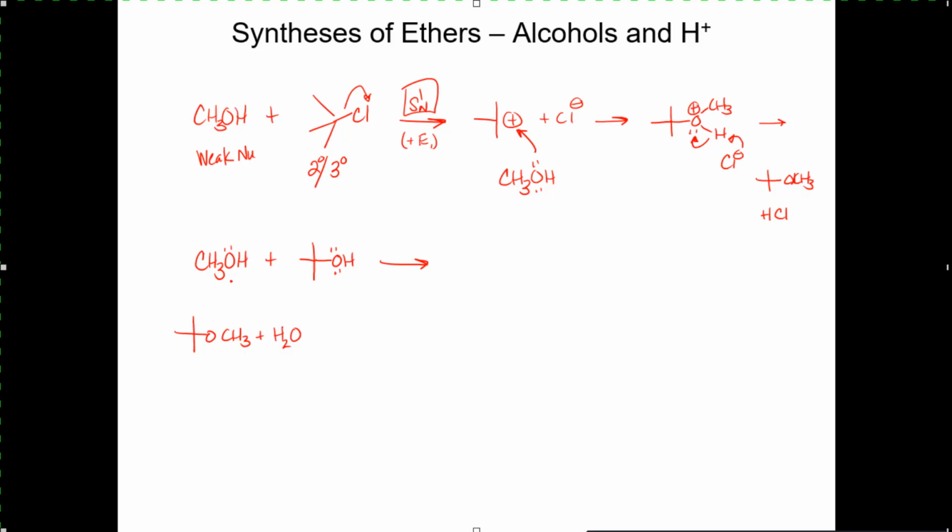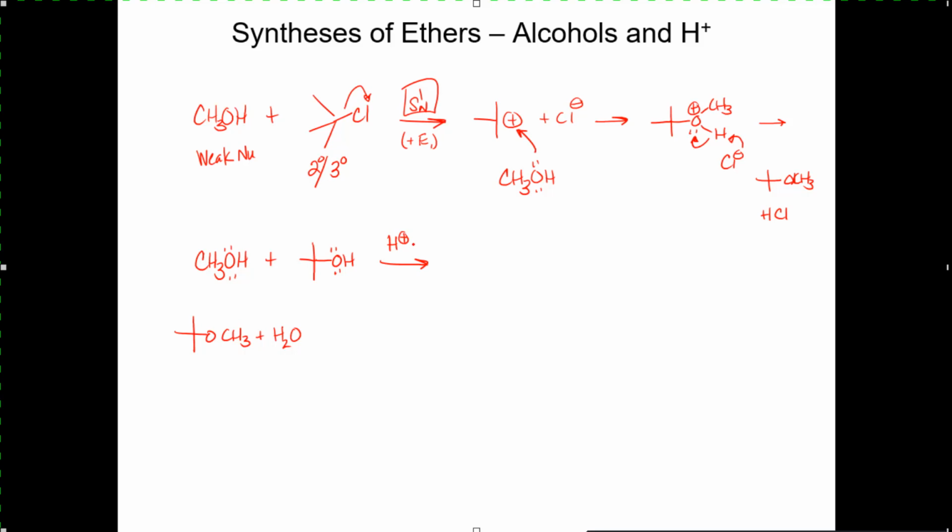And the answer is yes, I can do that reaction, but my problem right at the moment is these are both nucleophiles. And so I'm going to need to add an electrophile to this mixture. Let's just go ahead and add H+. Now, I don't want to use H plus Cl minus because I don't want to do an SN1 and have that nucleophile end up adding to the carbocation that I'm going to form.